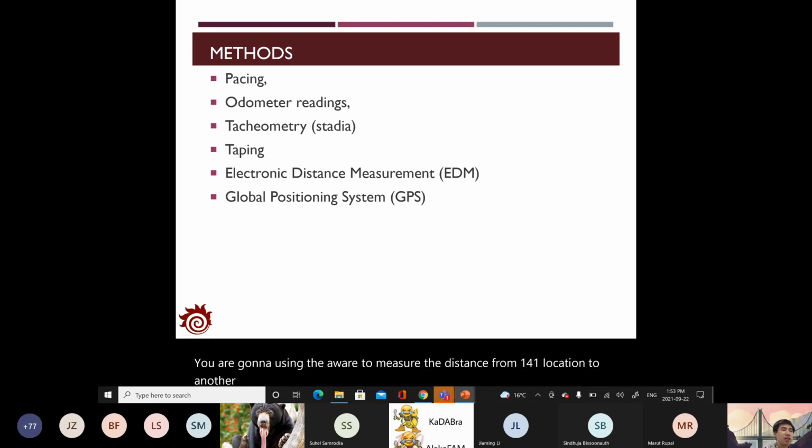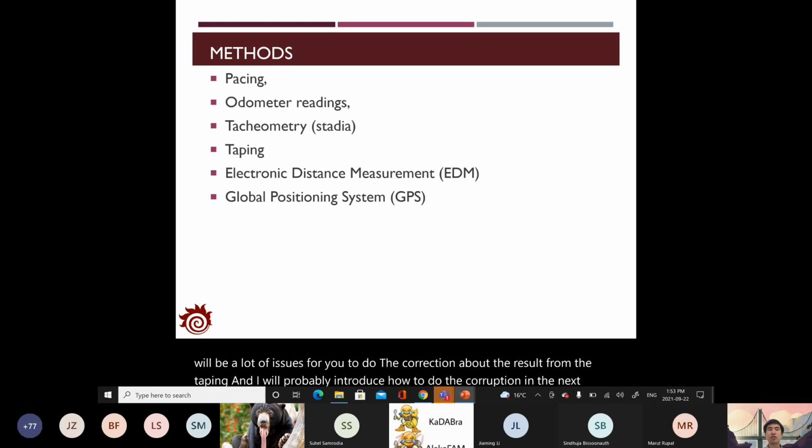And of course, you have tachymetry. This is a stadia method to measure distance. We will show you how to use the stadia method in future lectures. And taping is the most common method for measuring distance. It's easy, and you just need to bring the tape to the field. But there are a lot of issues with the corrections needed for the results from taping, and I will probably introduce how to do the correction in the next lecture.